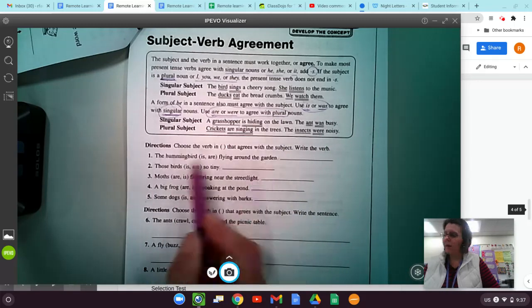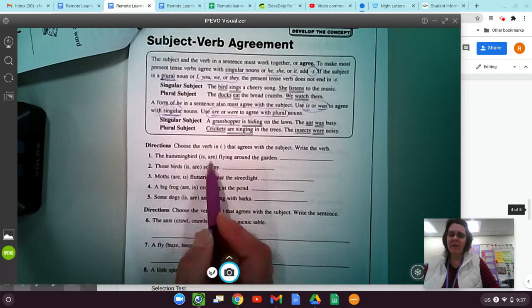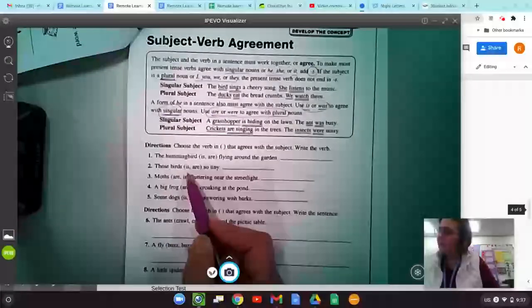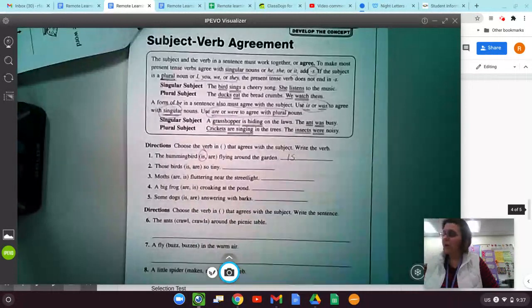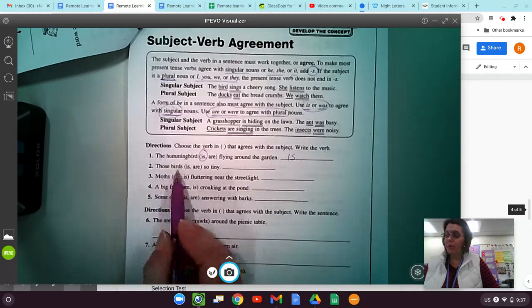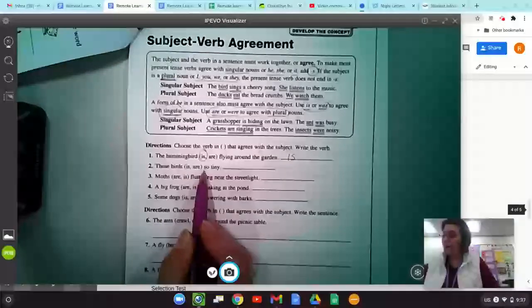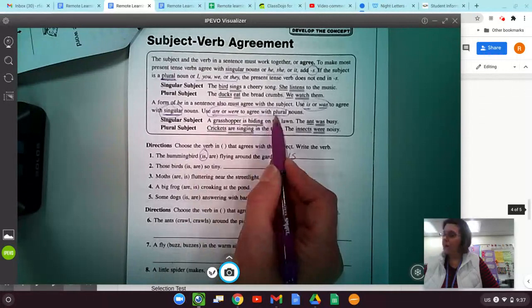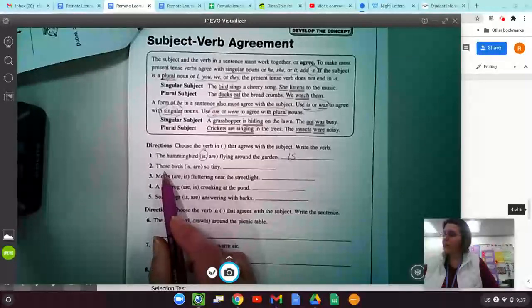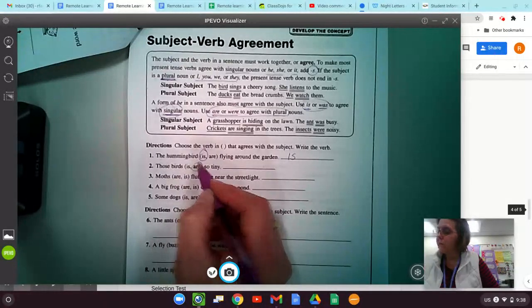If you said the hummingbird are flying, that doesn't even sound right. So we need is, and we're going to write it over here. Those birds, that's plural, is or are, so tiny. Are goes with plural. Okay? Those birds are so tiny.